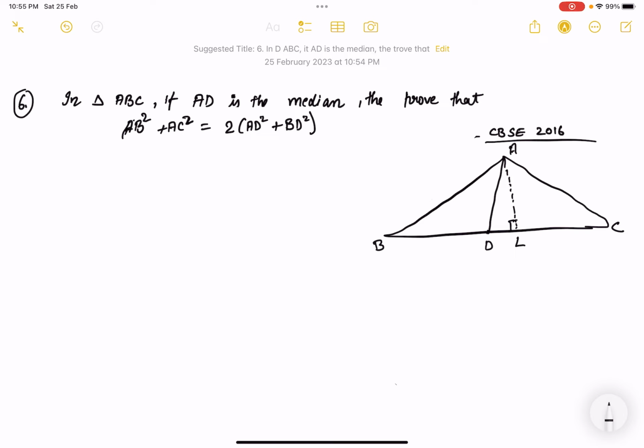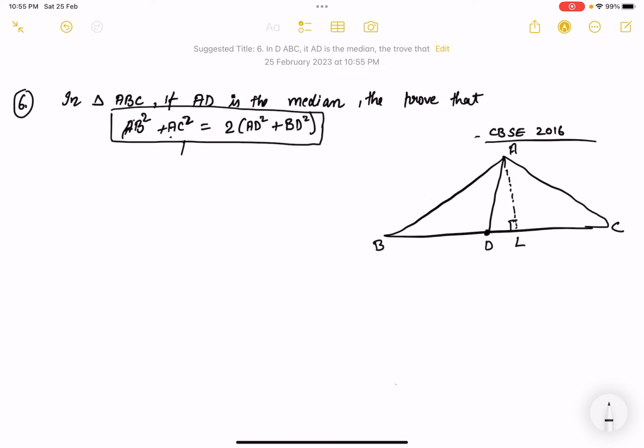In a triangle ABC, AD is the median, and we have to prove this result. So, how to begin? Well, we have AB square, AC square.